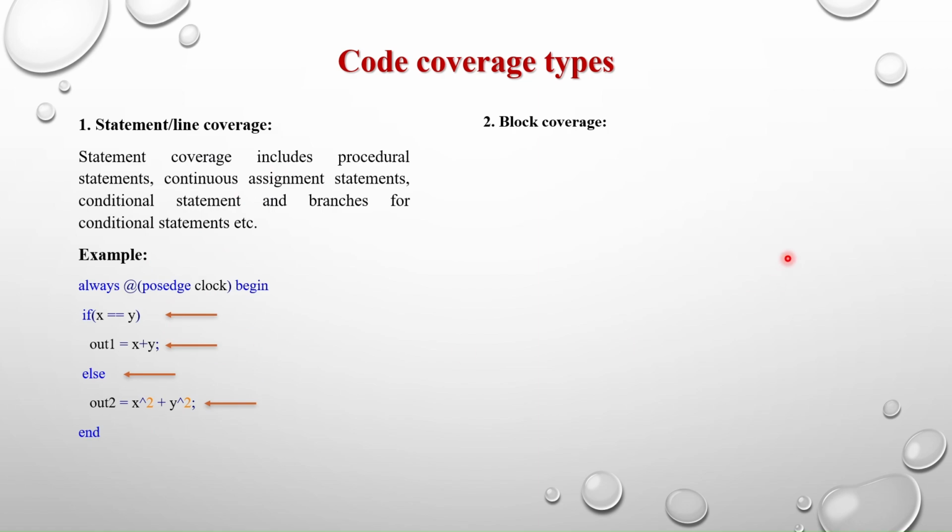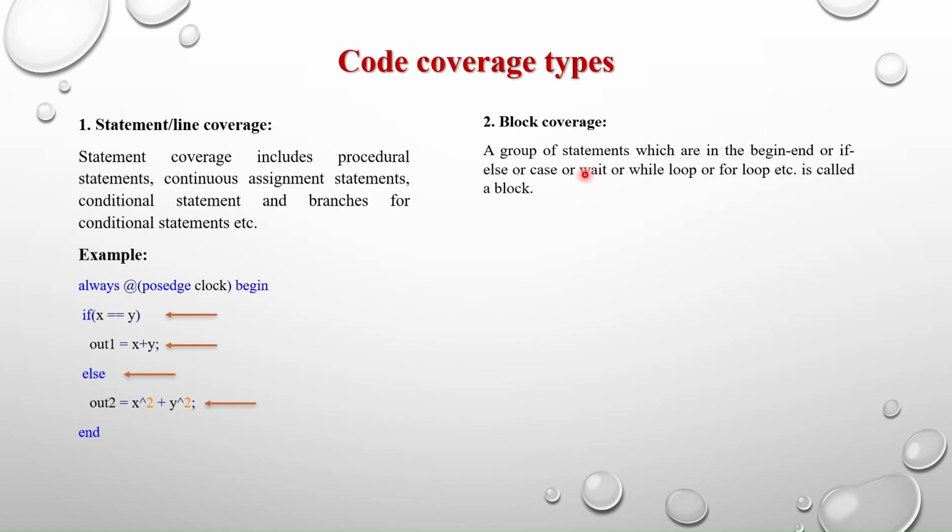And the next one is block coverage. What is a block? A group of statements which are in a begin-end, or if-else, or case, or wait, or while loop, or for loop, etc. These are called blocks. Block coverage checks whether all the code inside a block has been executed at least once during the simulation or not. Here I have an example: this is the if block and this is the else block.